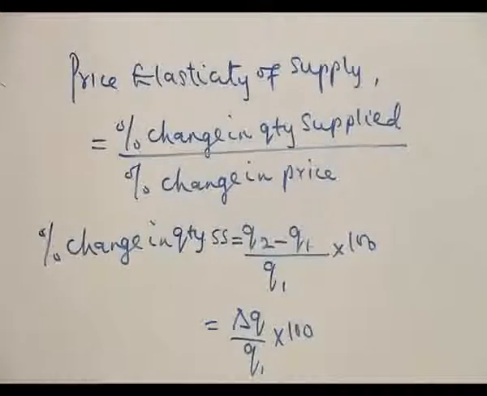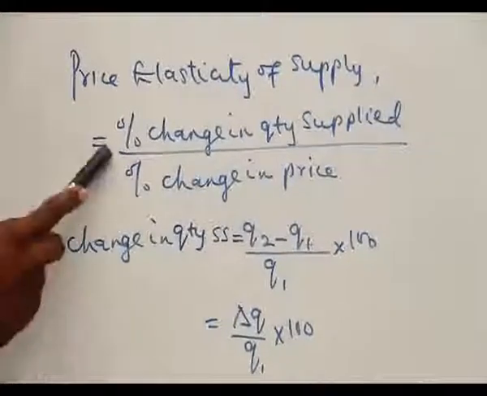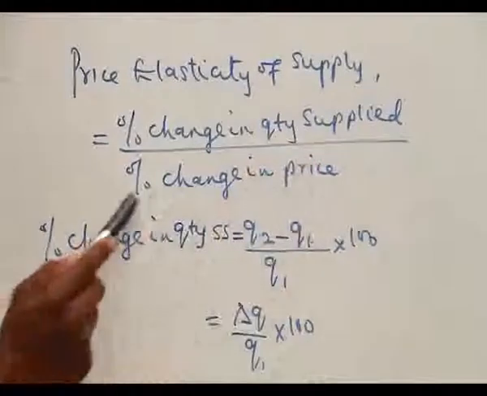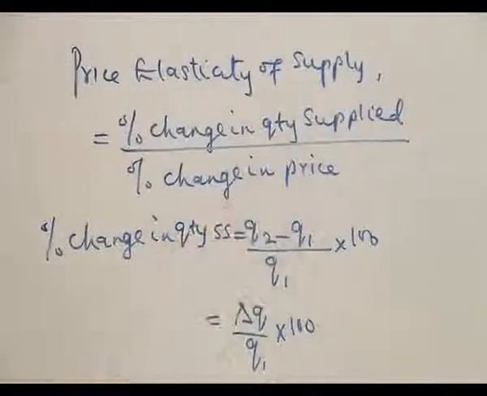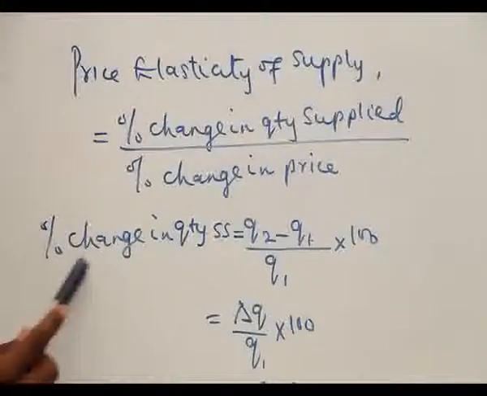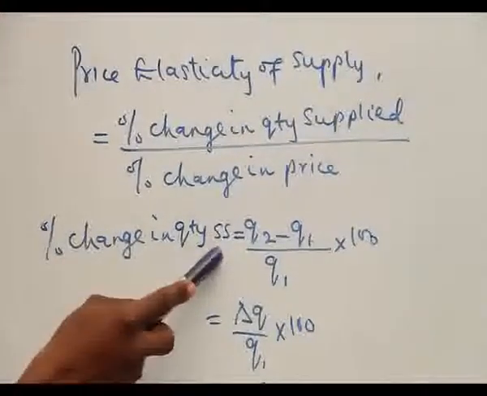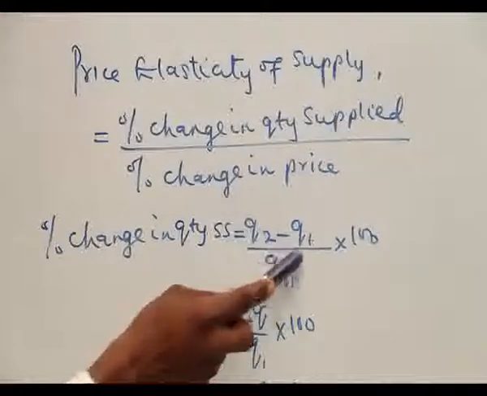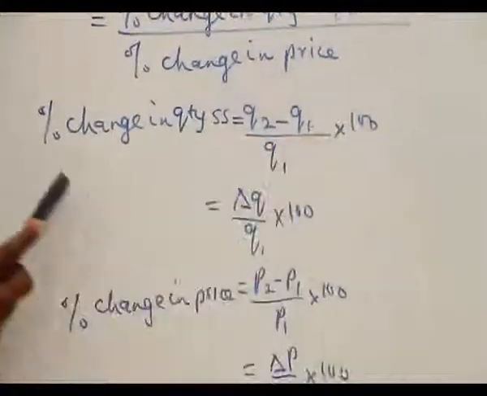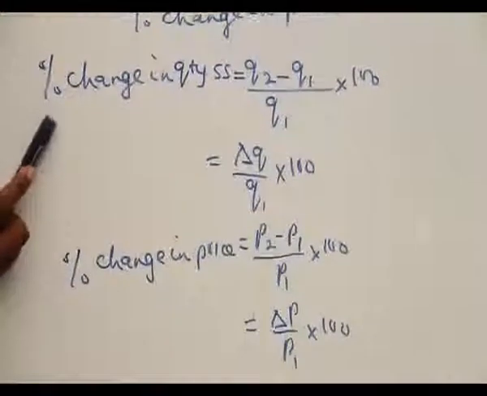Price elasticity of supply equals percentage change in quantity supplied divided by percentage change in price. Now let's define percentage change in quantity supplied. Percentage change in quantity supplied equals Q2 minus Q1 divided by Q1 times 100. So we are trying to find out percentage change here.